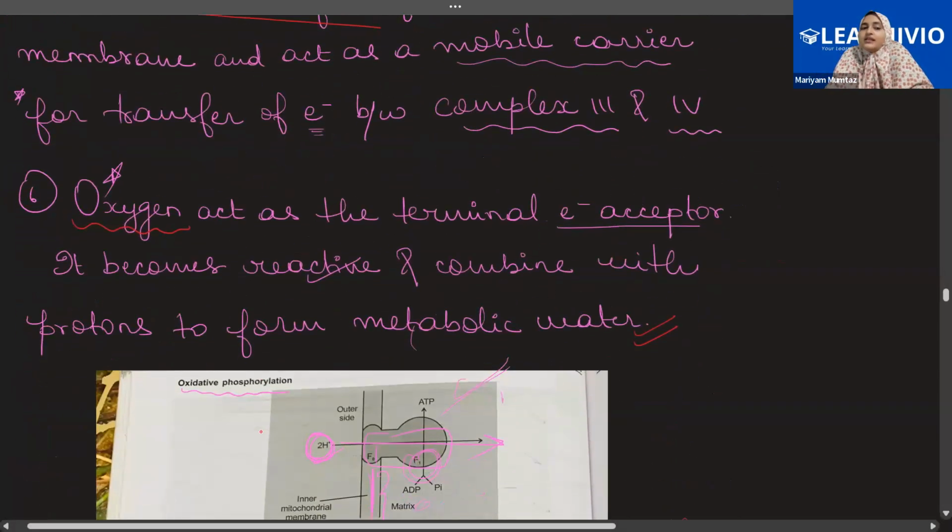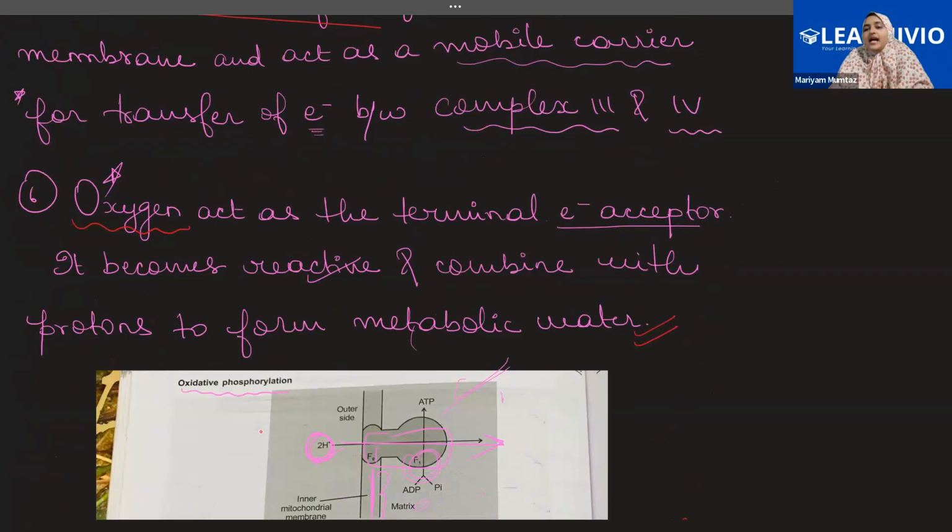At the end, once this whole process is done, oxygen is the final electron acceptor. Many times they ask this: which molecule is the final acceptor of the electron? So, oxygen. After it receives the electron, it becomes reactive and then forms the water molecule. And that is how the ETS gets completed.